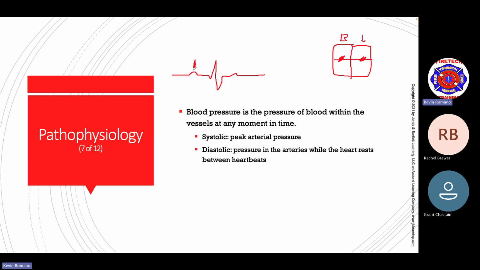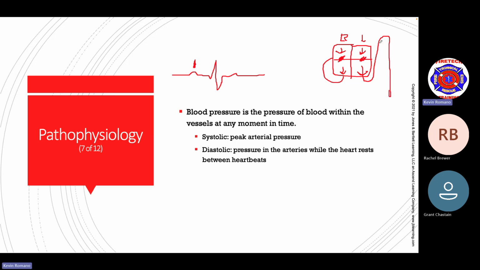As the P wave goes, that's atrial depolarization, which means this is pushing in a downward direction to the ventricles. This QRS complex that you're seeing here is ventricular depolarization. When you feel your own pulse and you feel that beat, that is a QRS complex, and that is blood being pushed from the right side into the lungs, and the left side through the aorta back down.